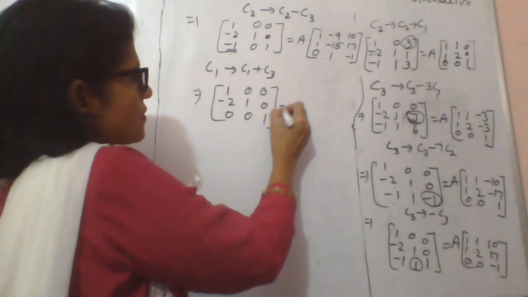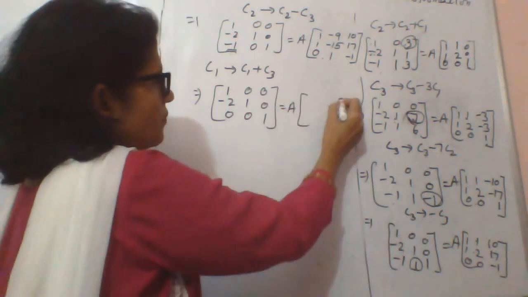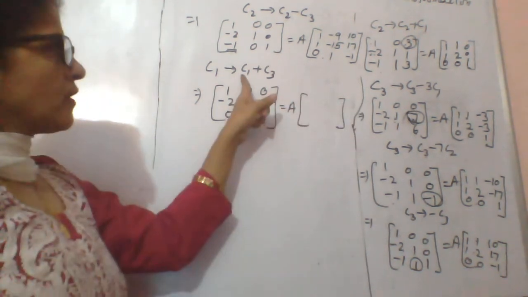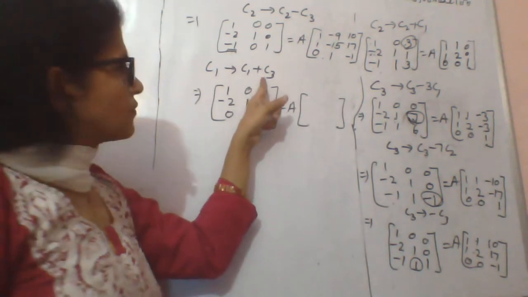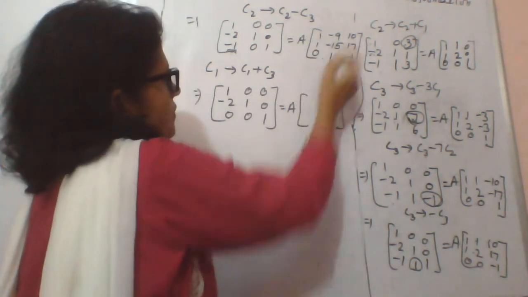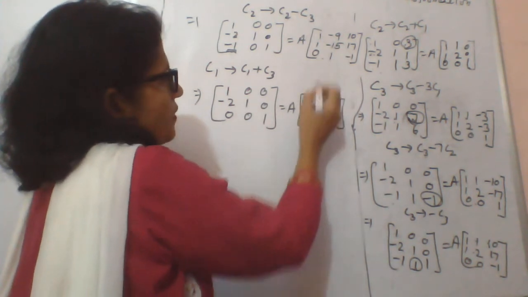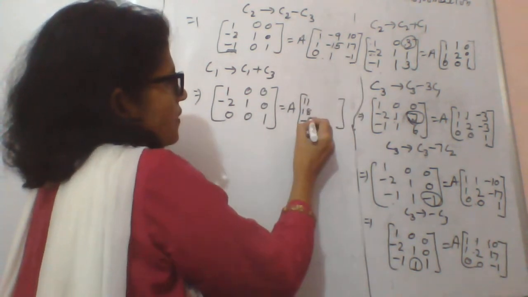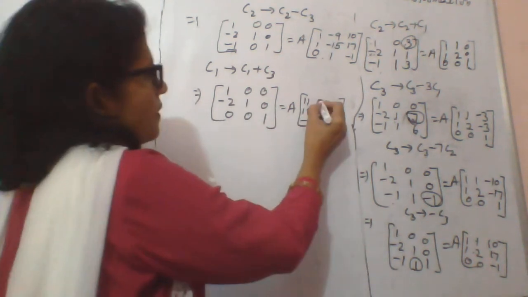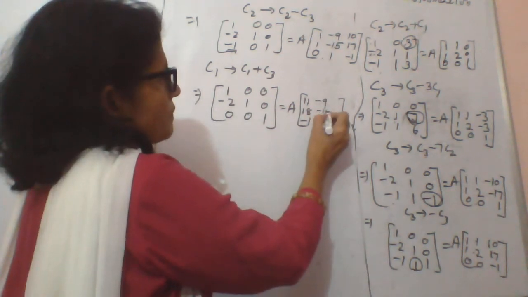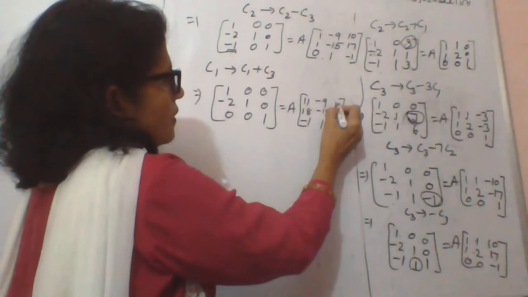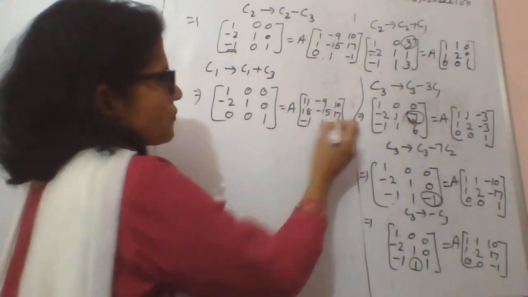Now next, A into, here you see, you are taking C1 plus C3. So 1 plus 10, 11, 1 plus 17, 18, 0 minus 1 is minus 1 here, minus 9, minus 15, 1, 10, 17, minus 1.